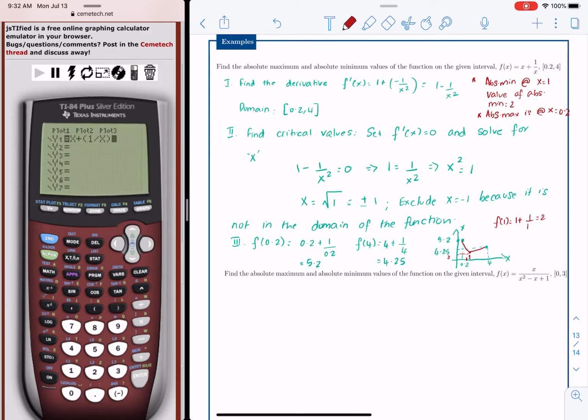F of 3 is 3 divided by 3 squared minus 3 plus 1, 3 divided by 9 minus 3 plus 1, 3 divided by 7. And that is probably 0.42857. We could find that here. Yes, 0.42857.